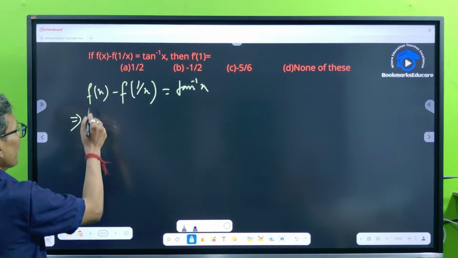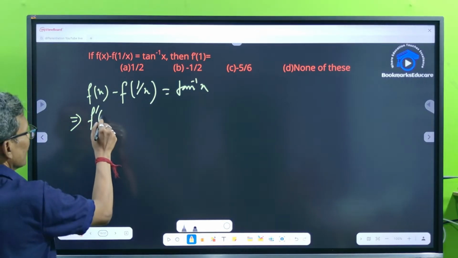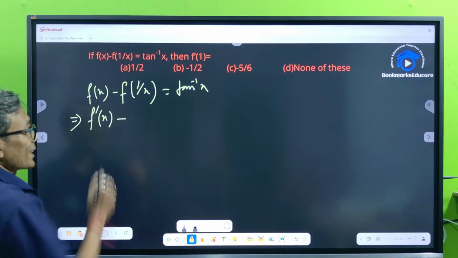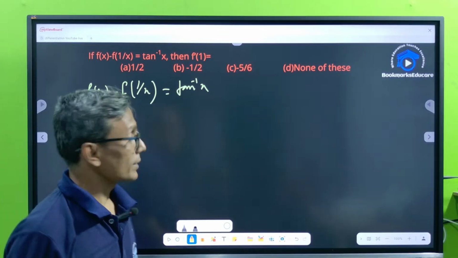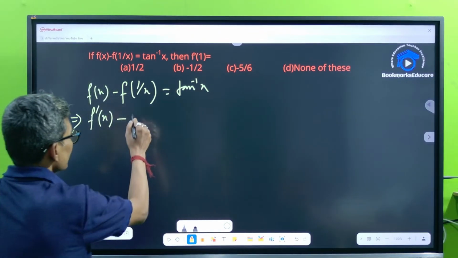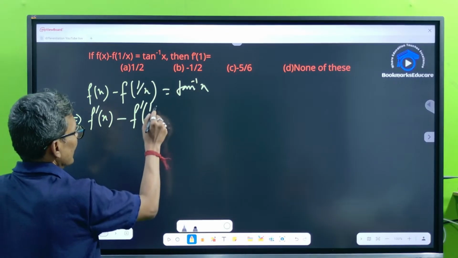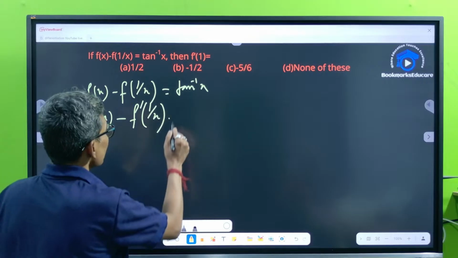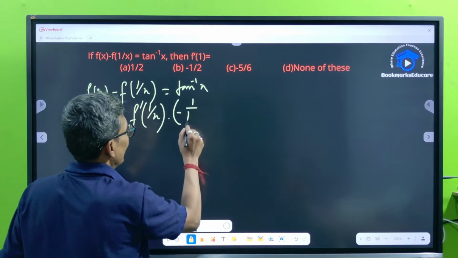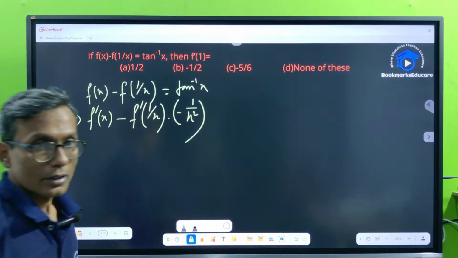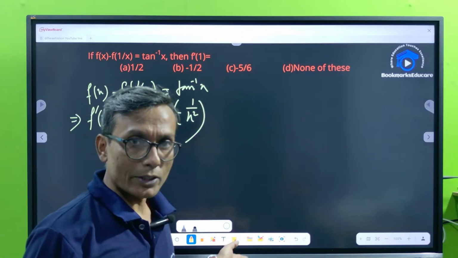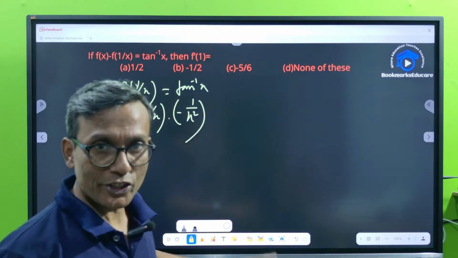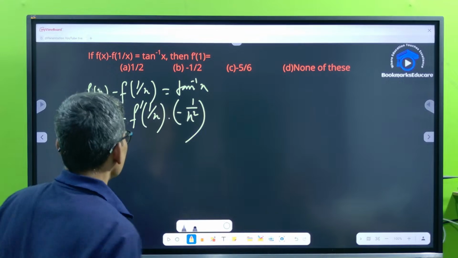So d/dx of f of x means f dash x minus d/dx of f of 1 by x means f dash 1 by x, then 1 by x we have to differentiate with respect to x, that will be minus 1 by x square. This is based on chain rule, applying chain rule.